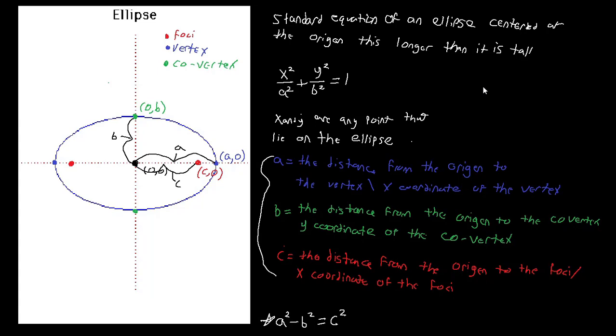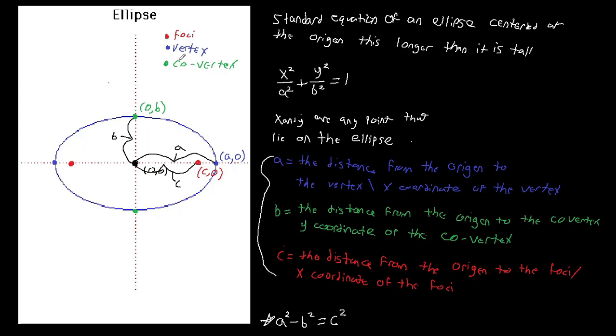And in this video I want to continue our discussion talking about the standard equation of an ellipse centered at the origin. Specifically I want to build off this equation right here, which is if the ellipse is a horizontal ellipse, or it is wider than it is tall. And I want to talk about what happens when this ellipse is rotated 90 degrees and it's actually taller than it is wide.